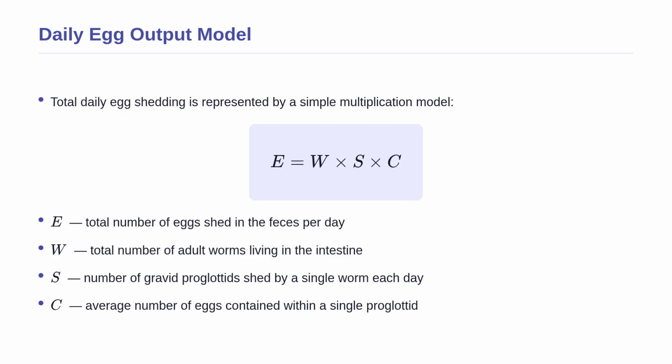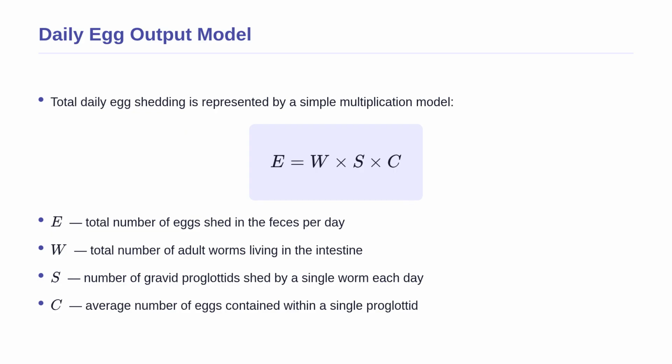W stands for the total number of adult worms currently living in the host's intestine. S represents the shedding rate, specifically the number of egg-filled segments, or gravid proglottids, dropped by a single worm each day. Finally, C denotes the average capacity, which is the number of eggs inside one single segment.